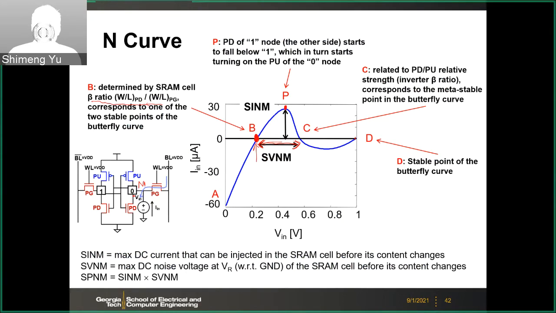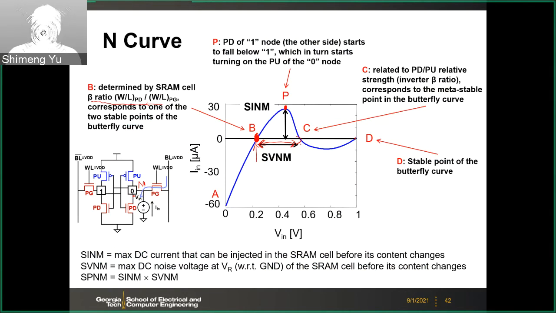But if you have additional noise on top of this voltage, let's say if you increase the voltage to here, then you will go through this snapback. That means the data will be flipped. This is not what you want. So that's the maximum voltage you can tolerate for the noise. Point B is the nominal, should be there.